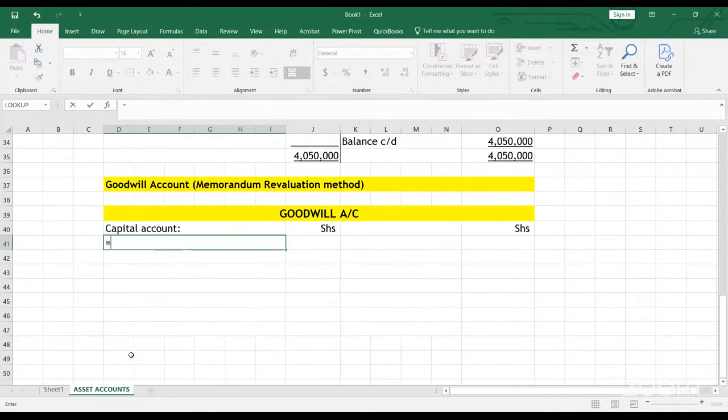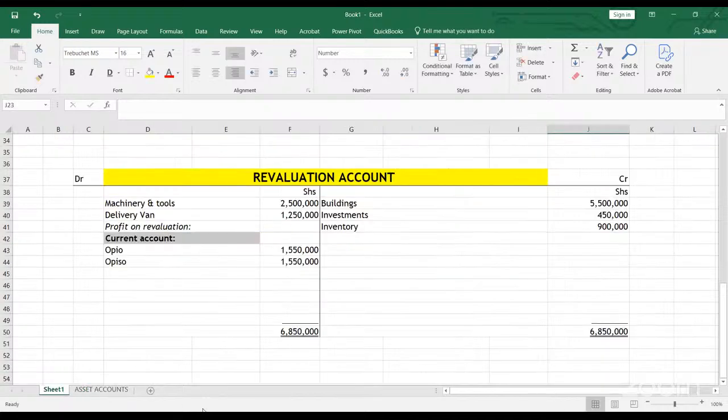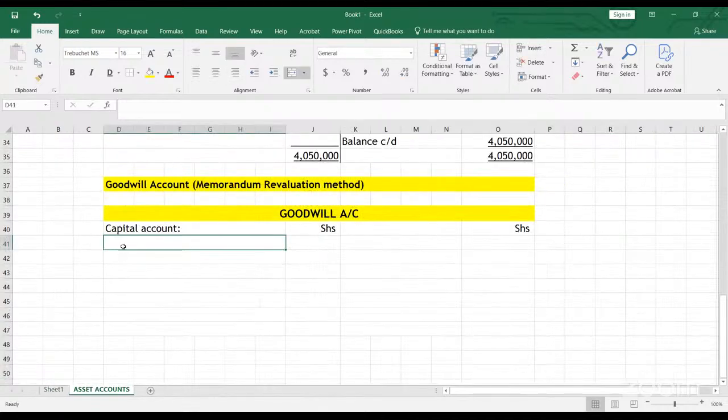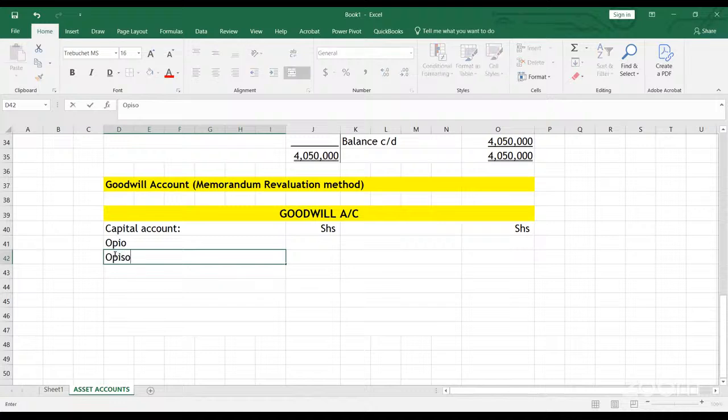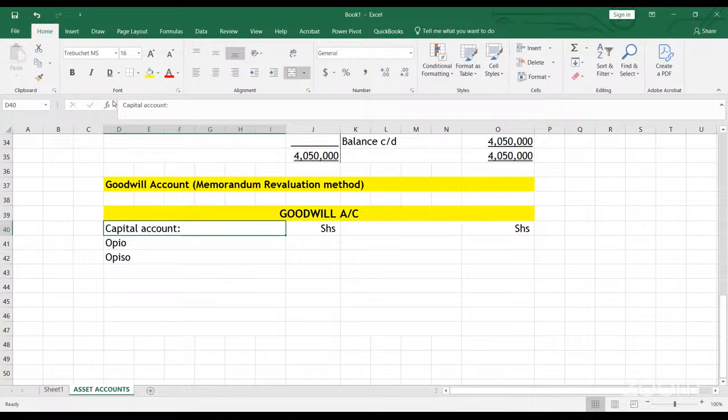We have Opio and Opiso. We have to share that Goodwill between these two equally.